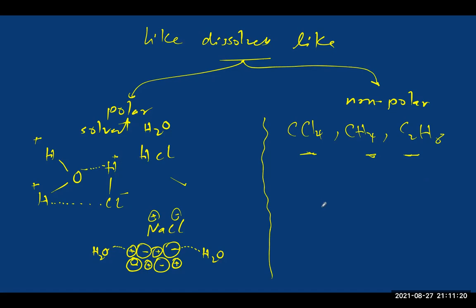We don't have charges. The attraction here will be dispersion, one of the intermolecular forces, which is dispersion force. And dispersion force will form charges, will form poles, but these poles are not permanent. So they will be formed for a second, or for a small part of time, and again they will disappear.